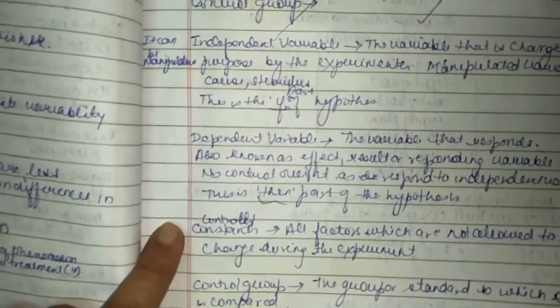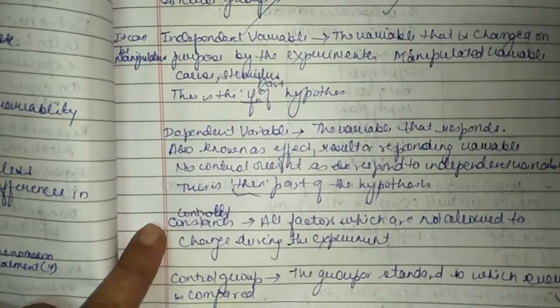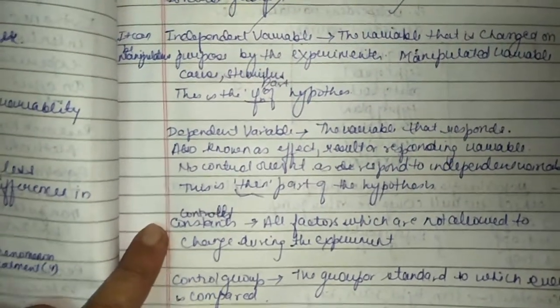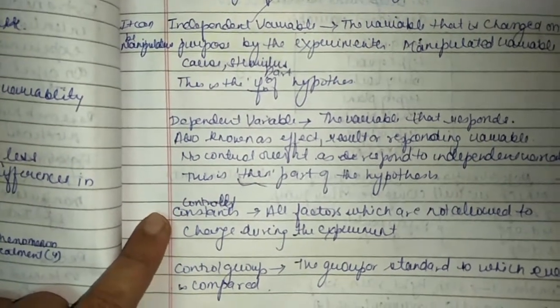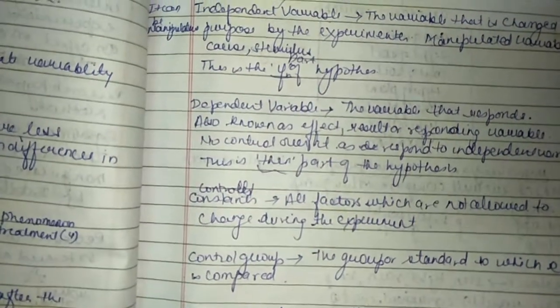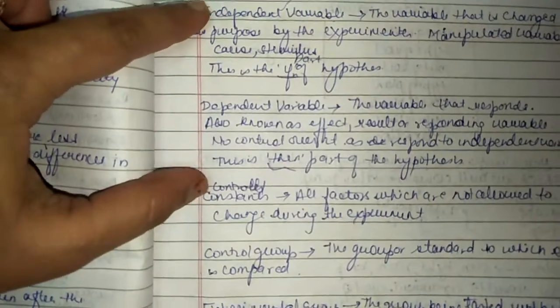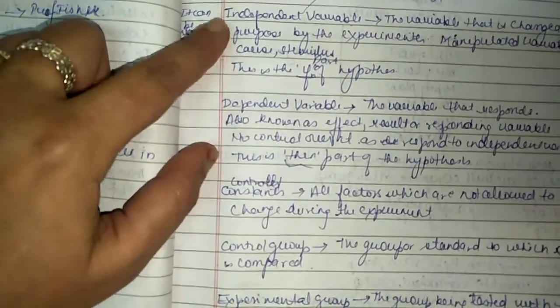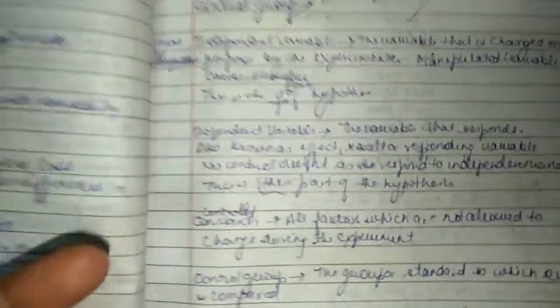Then there are constant variables. The constant variables are those variables which cannot be changed by the experimenter at the time when a research or an experiment is being conducted. Then the question arises, whenever an experiment is being conducted, that experiment is being compared to whom?